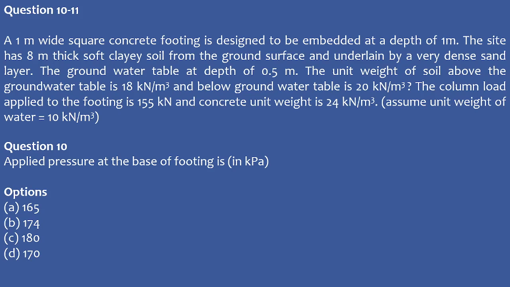The unit weight of the soil above the groundwater table is 18 kilonewton per meter cube, and below the groundwater table is 20 kilonewton per meter cube. We also have a column load of 155 kilonewton. The unit weight of concrete used for the foundation is given. Then we need to calculate the applied pressure at the base of the footing.